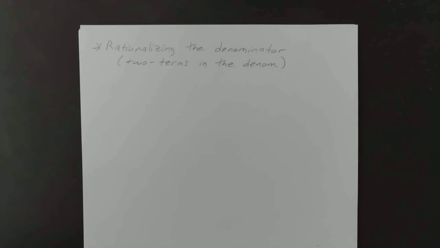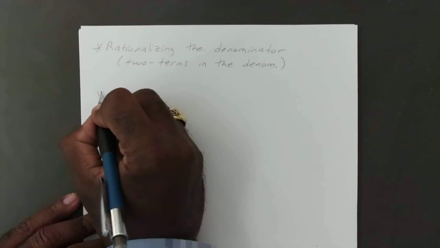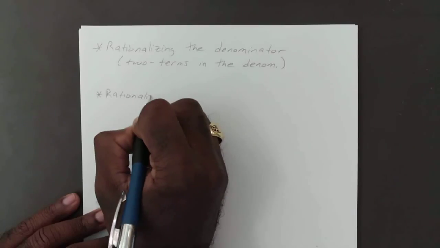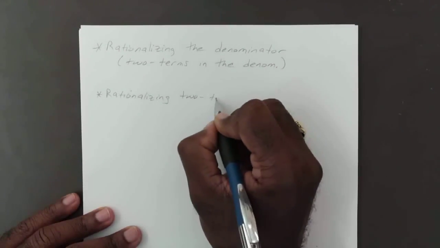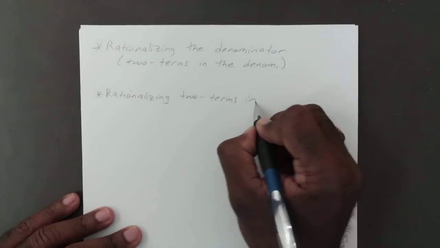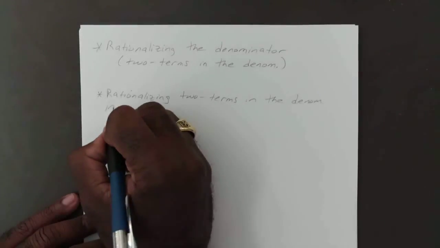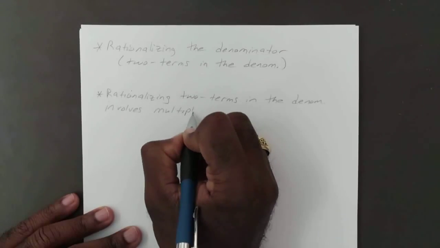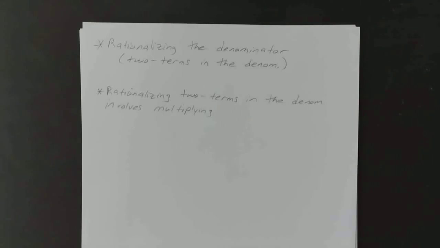So if you have two terms in the denominator and you want to get rid of any root values or radical symbols, rationalizing two terms in the denominator involves multiplying the numerator and denominator by the conjugate.